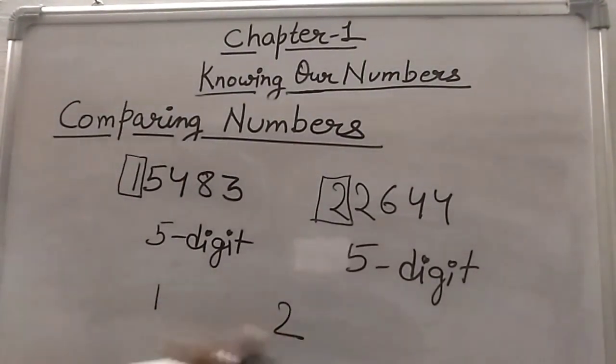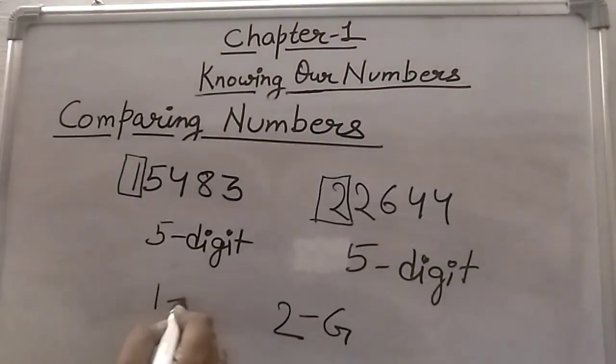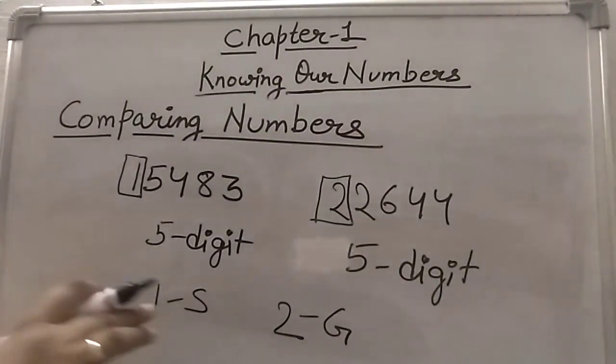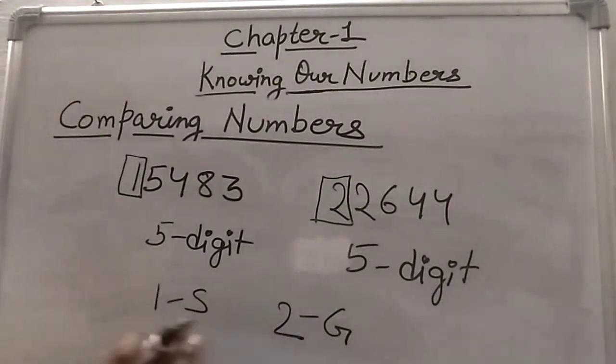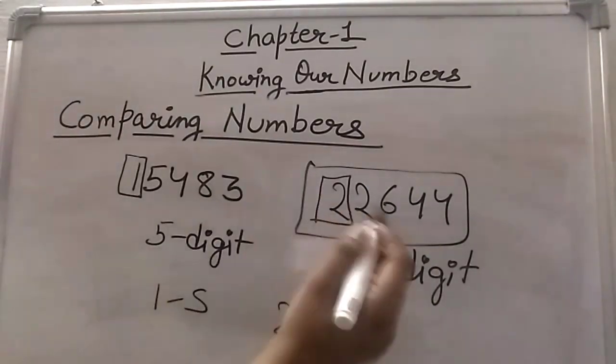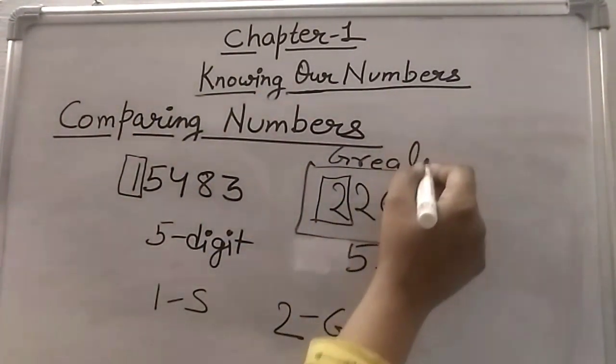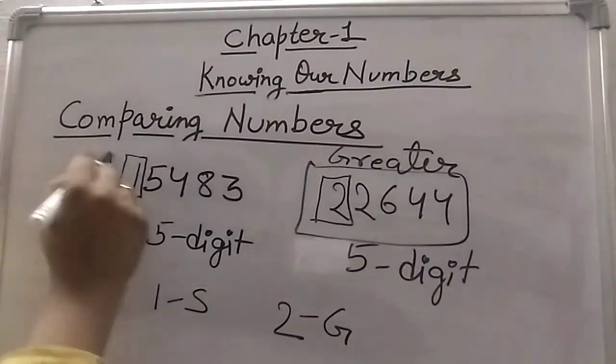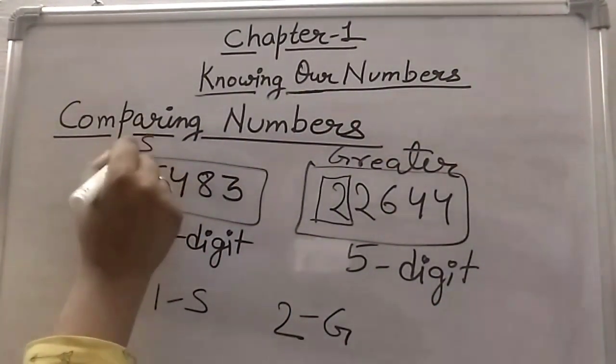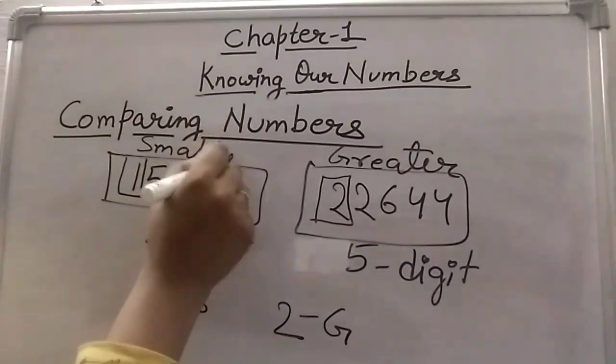By comparing 1 and 2, we can say 2 is greater and 1 is smaller. So we can decide only by these two digits that 22,644 is the greater number and 15,483 is the smaller number.